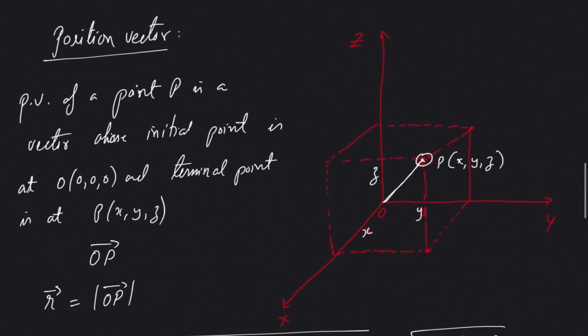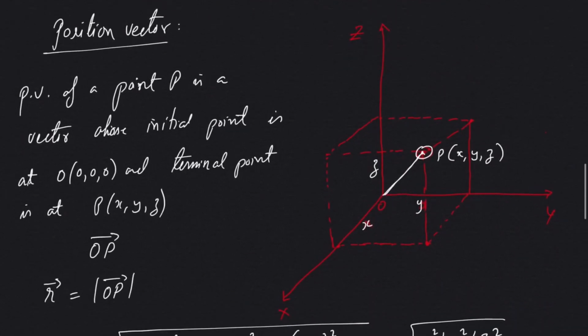Now what do you mean by position vector? For that, I've drawn a three-dimensional axis, x, y, and z, where I've considered a point P. Now you should understand that this is done on the surface of my tablet, so it looks two-dimensional, but remember that this P is in space, perpendicular to this axis OA.